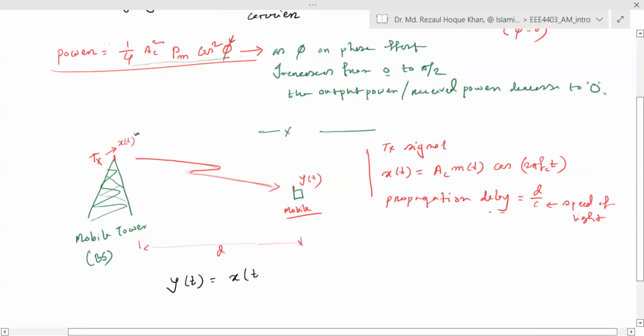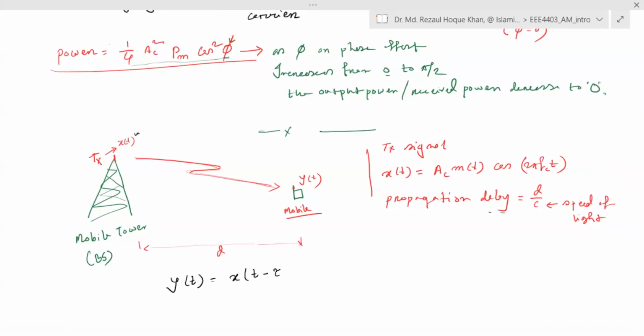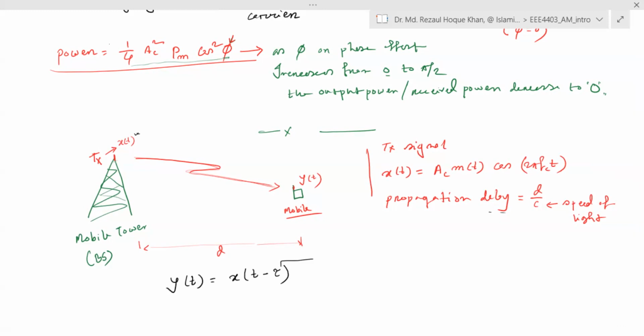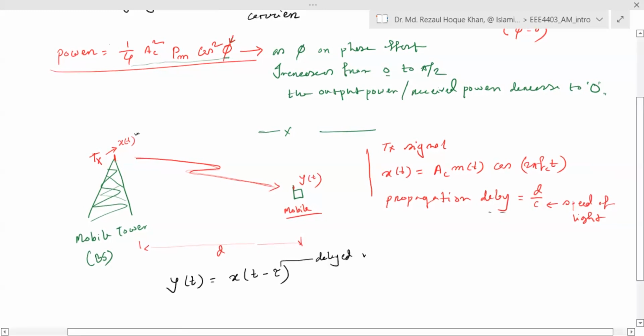Because of this propagation delay, the signal will be a delayed version. This tau is the delay amount. So x(t minus tau) is the delayed version of the transmitted signal x(t).